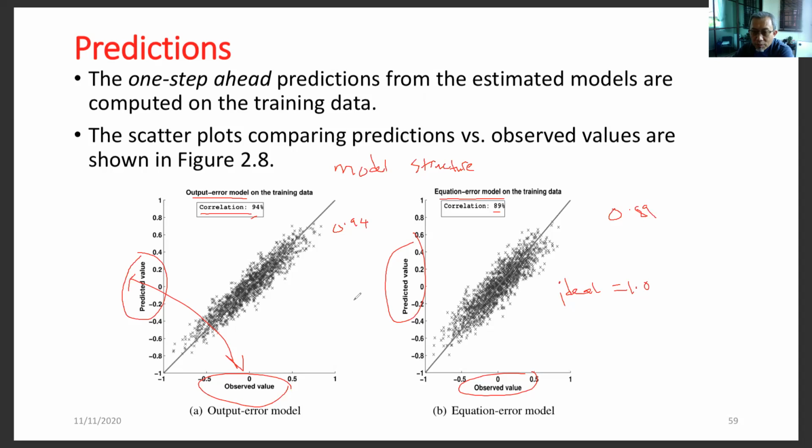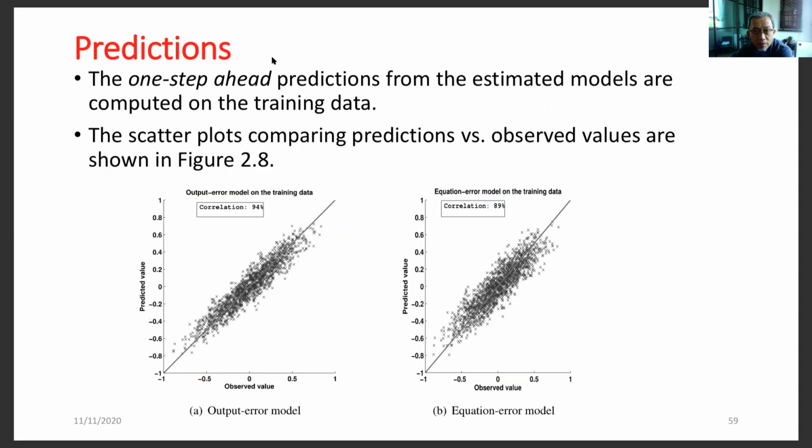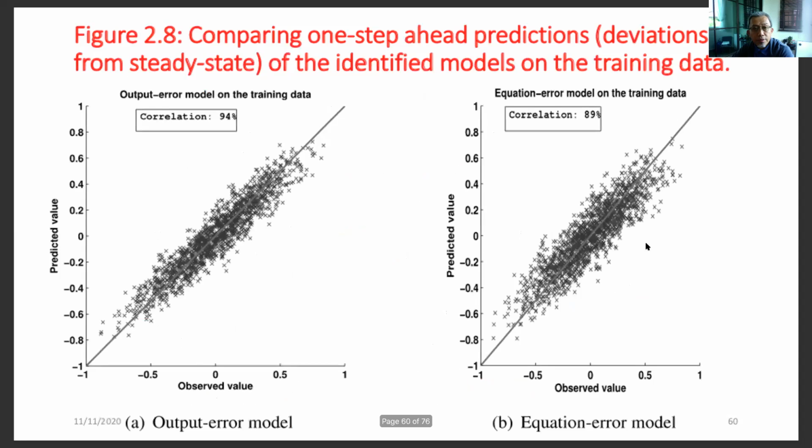So this one is 94% and this one is 89%. Of course, the output error model structure gives the best results compared to the equation error model. If we look at the zoom, you can see that this one is much better, where the curve fits almost all the points.